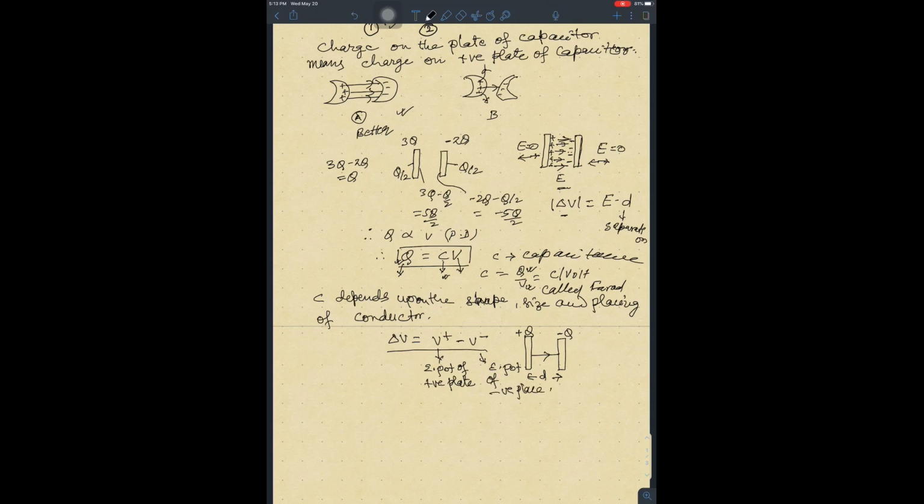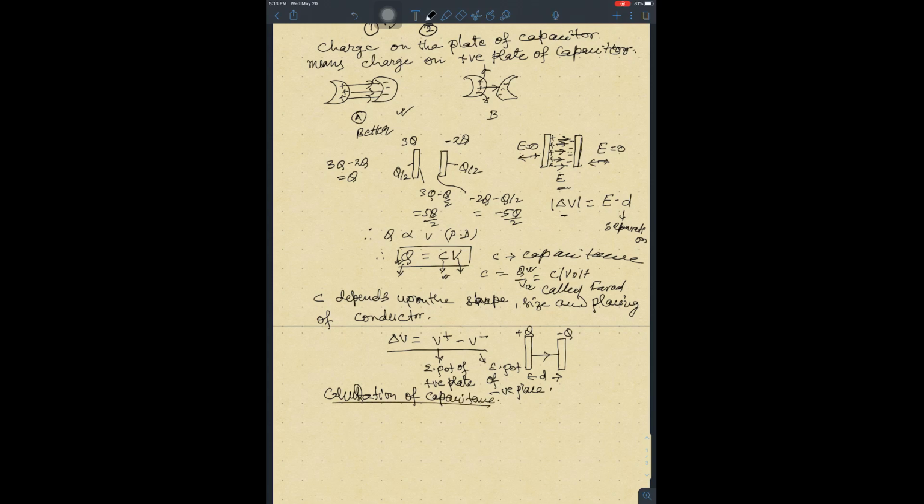How can we find the capacitance of this arrangement of conductors? That means, what is the method to find capacitance? So basically we want to discuss the calculation of capacitance.